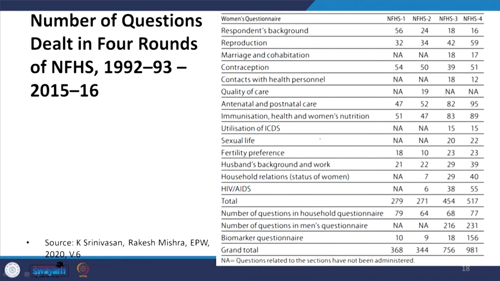Number of questions dealt with in 4 rounds so far of NFHS, from 1992-93 till 2015-16. Let me read between the lines of the table where the respondents' background information is mentioned.